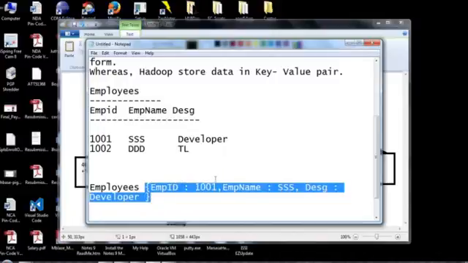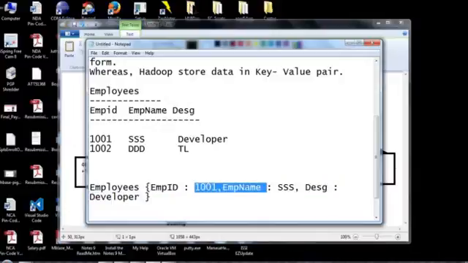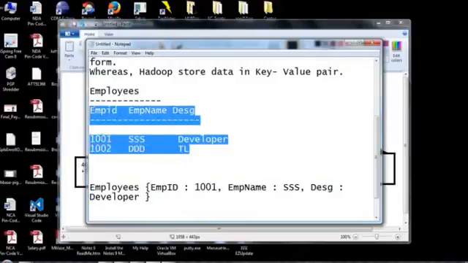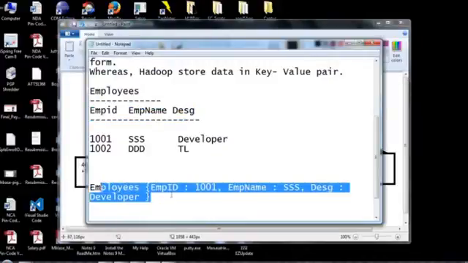This is called the key value pair storage technique. Hadoop always stores the data in a key value format. So you can see, guys, that this is SQL, and this is the NoSQL way of storing data.